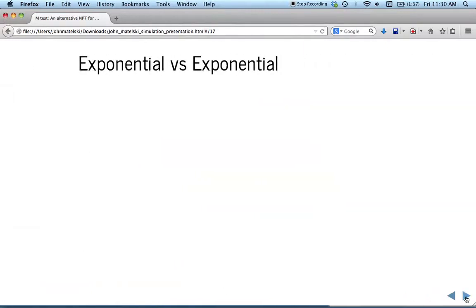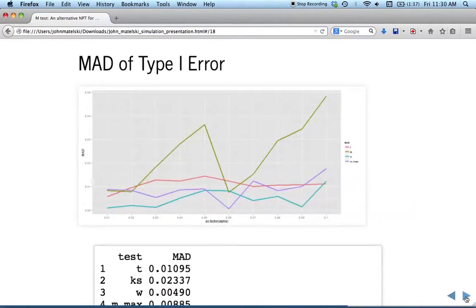Okay, moving on to some other more interesting stuff, exponential versus exponential distribution. Again, I start with equal parameters. In this case, the rate parameter is 150. And when I look at the mean absolute deviation of type 1 error, what do I see? Well, first, note that the curve for KS is exactly what it was on the first slide.